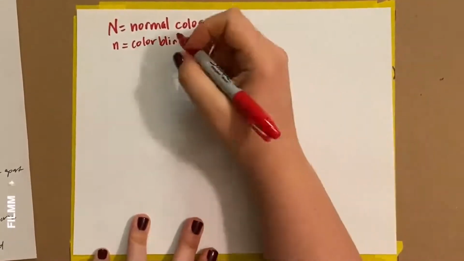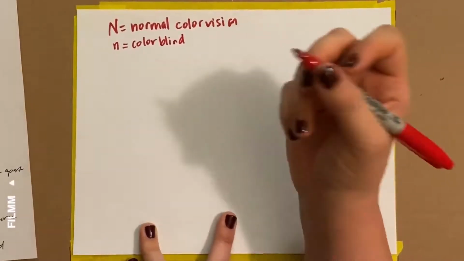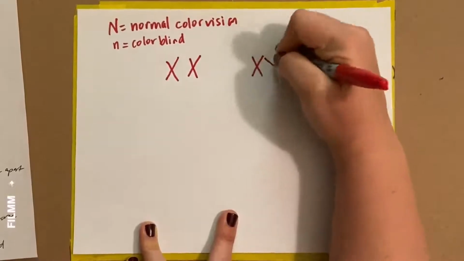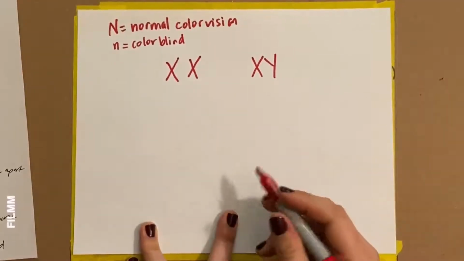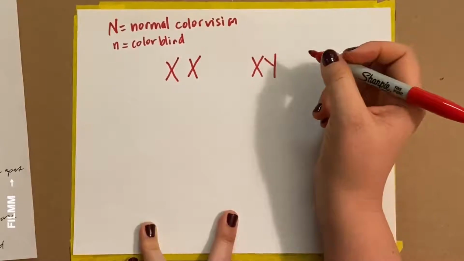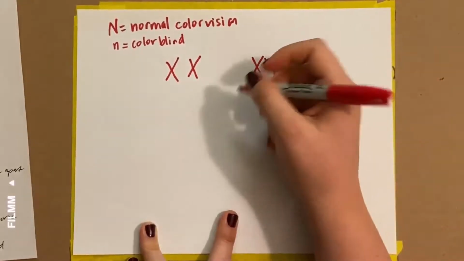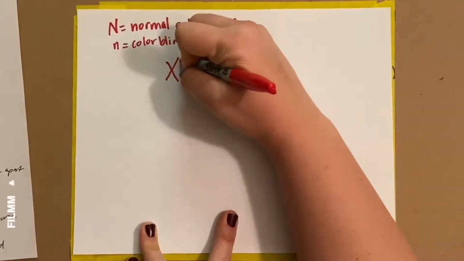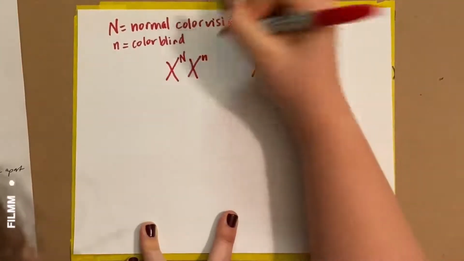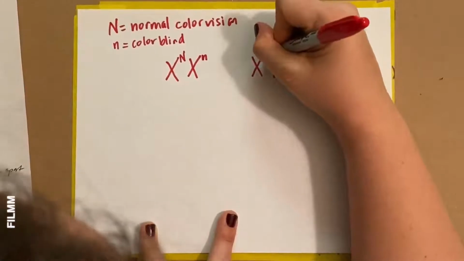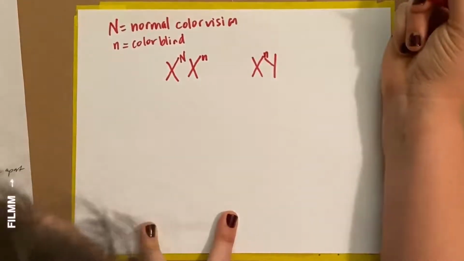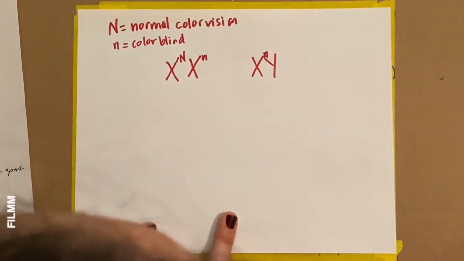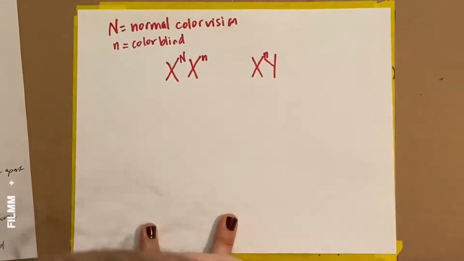Because we're talking about sex-linked traits, we have to have the X's and the Y. Say the woman is a carrier for color blindness, so she has a capital N and a lowercase n, and the man has color blindness. His little n for color blindness is on his X; his Y does not carry the colorblind gene.